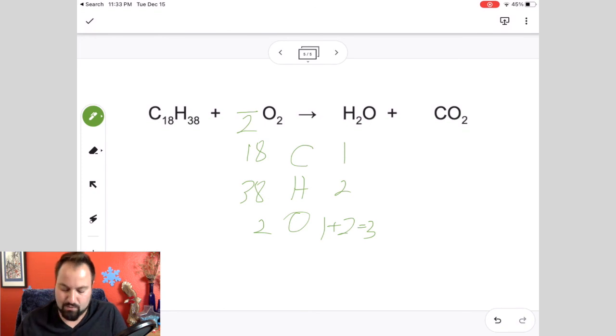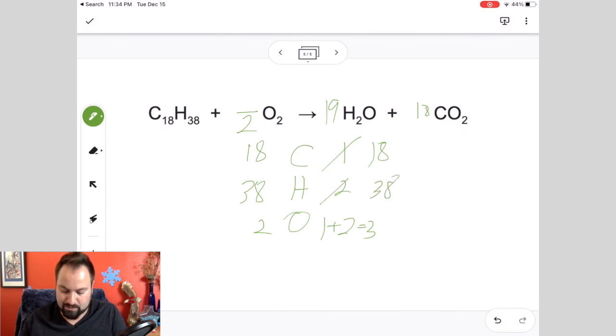We'll get to them when we get to them. So for the carbon, we have 18. We need 18. That makes it real easy. For the hydrogen, we have 2, so we actually need 38 divided by 2, which is 19. So that gets us here to 38. So those are now equal.